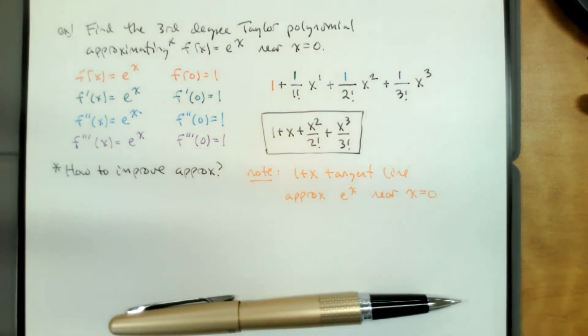That raises a natural question. We've got a process by which we make an approximation. How can we improve on that approximation? Not approve of an approximation.